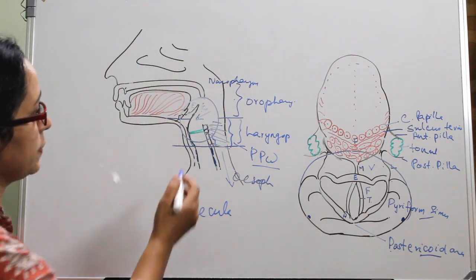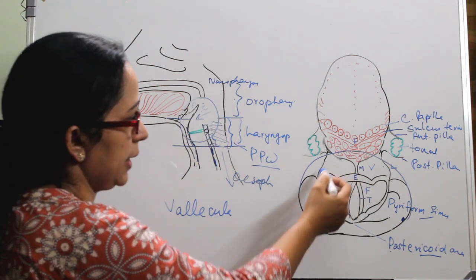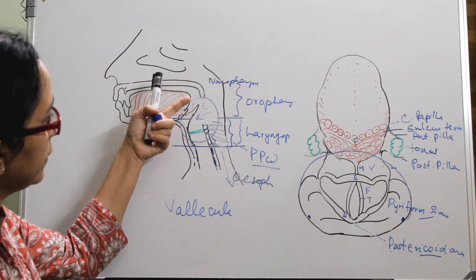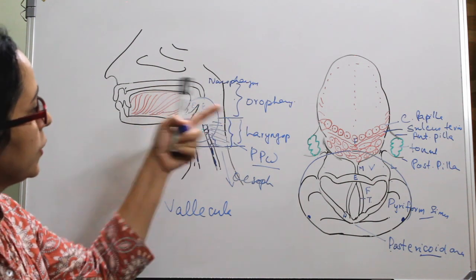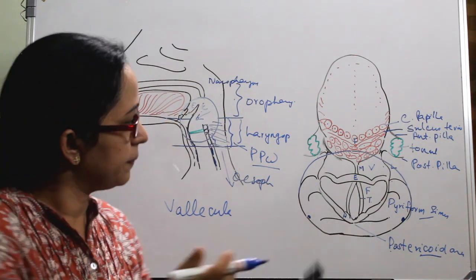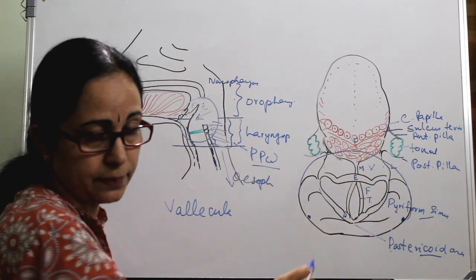So above it is bounded by the larynx or the laryngeal inlet. This is the laryngeal inlet, bounded superiorly by part of the epiglottis and on the lateral sides by the ariepiglottic fold and arytenoid on both sides.